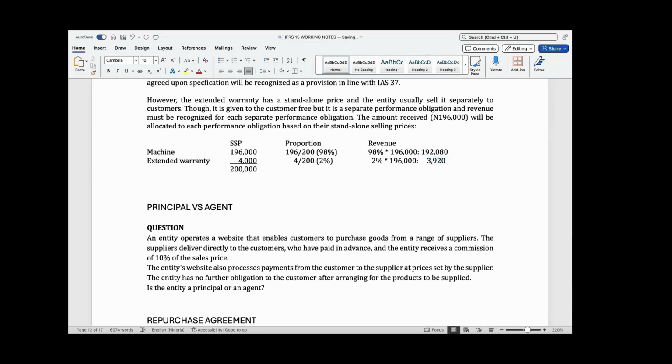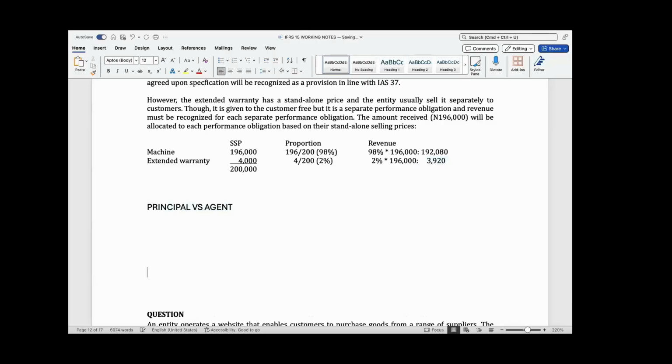Now, another practical scenario is principal versus agents. It's important that when you're selling goods and services, you need to know whether you are acting as a principal or as an agent.